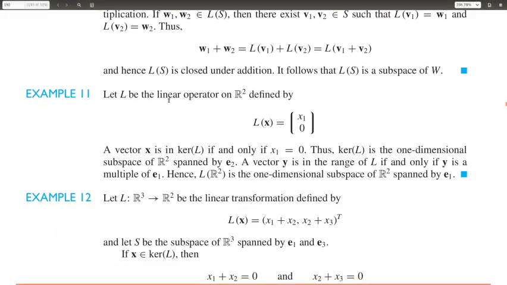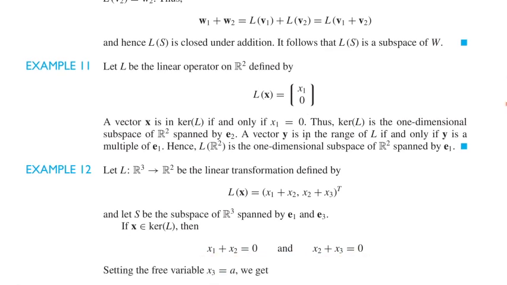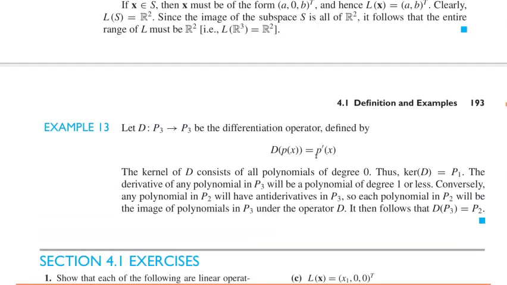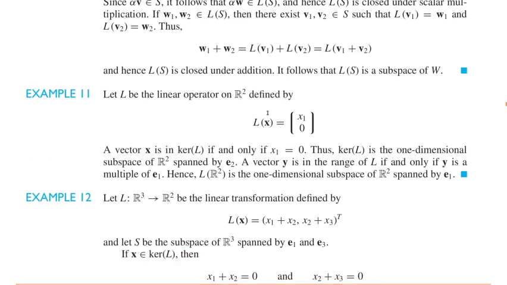Alright, here's another example. Let L be the linear operator on R2 defined by L(x) = (x1, 0). As an example, let's see what the kernel of this space will be. Let's just do an example and then we'll end this lecture. With example 11, you can look at example 12 on your own.